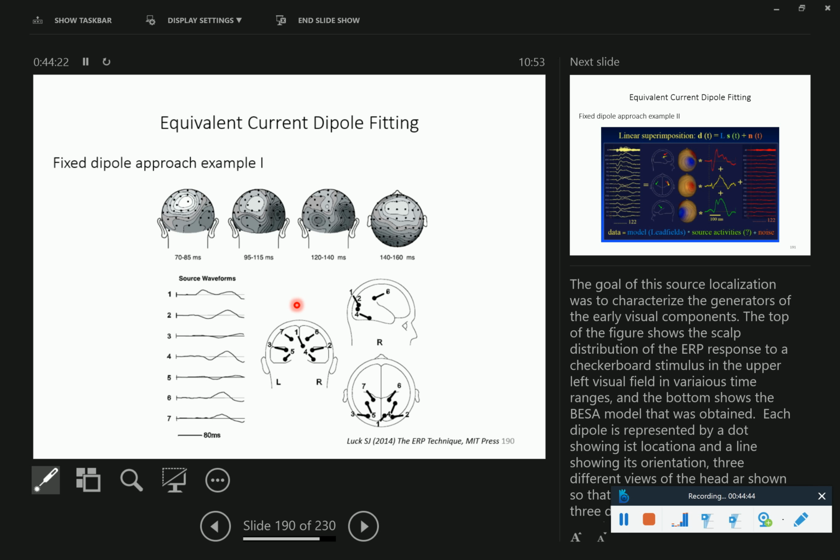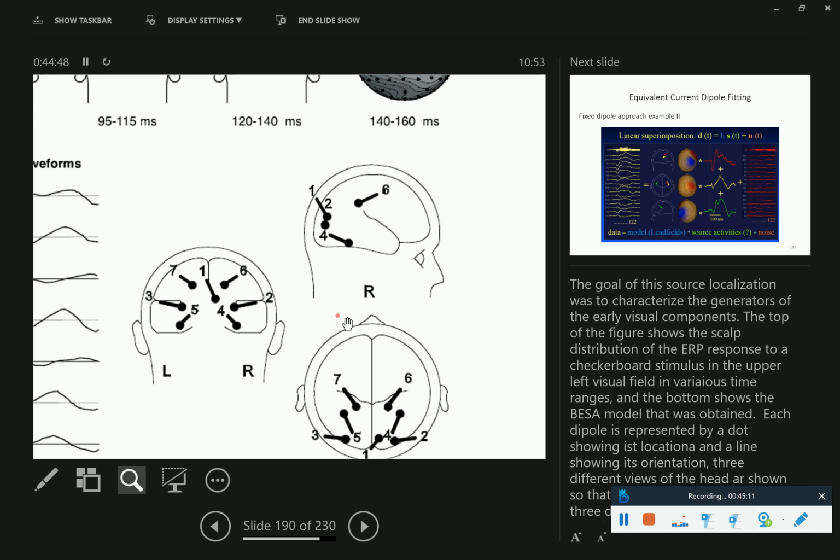You fix the dipoles and try to estimate their moments at each moment in time, to then make claims about when certain parts of the brain become active.